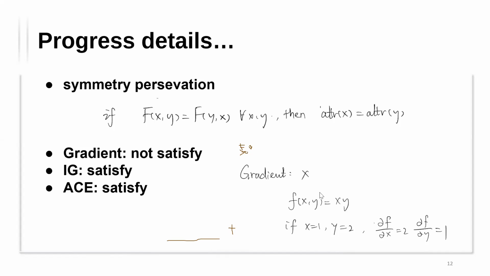But for integrated gradient and average causal effect, they all satisfy this property, but there's no proof. There's no proof. You have to provide a proof here. Yeah. Okay, please go on.